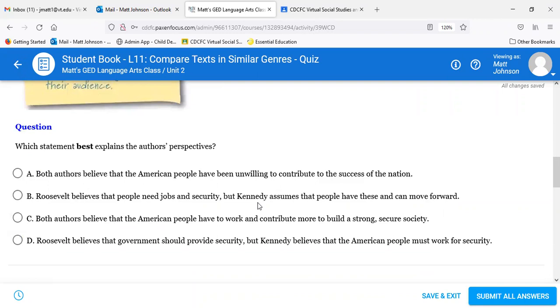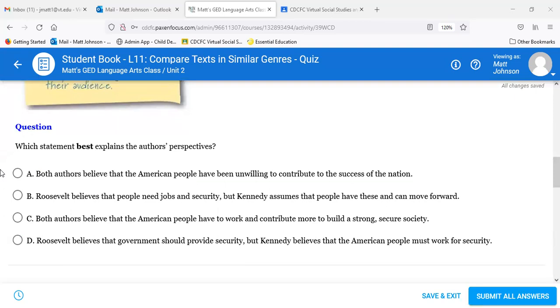Which statement best explains the author's perspective? A. Both authors believe that the American people have been unwilling to contribute to the success of the nation. B. Roosevelt believes that people need trust and security, but Kennedy assumed that people had the security and can move forward.